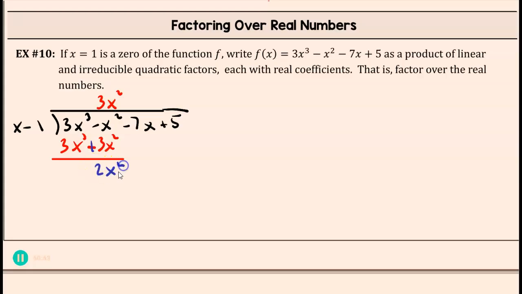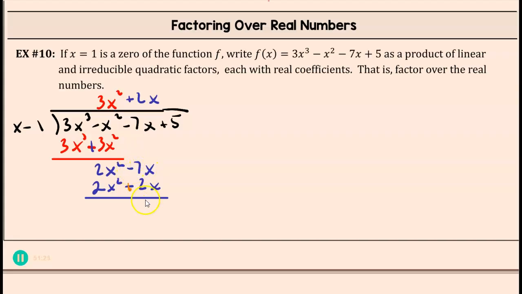2x squared. And we bring down our negative 7x and just repeat this process. So what times x is 2x squared? We put 2x. So we have 2x squared minus 2x. All right. And once again, negative 7x minus a negative 2x is going to be plus.